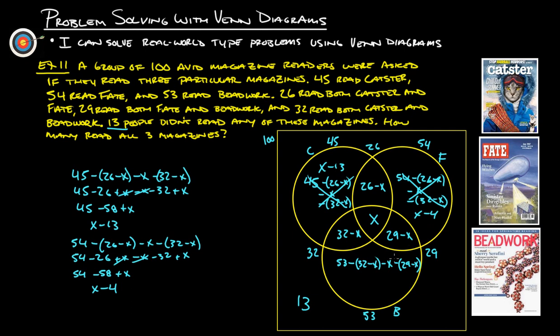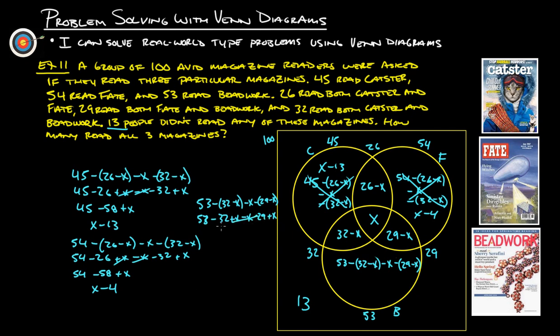And then this one down here, let's see, didn't really leave myself much room. 53 minus 32 minus x minus 29 minus x. Okay, so that's 53, minus 32 plus x minus 29 plus x.